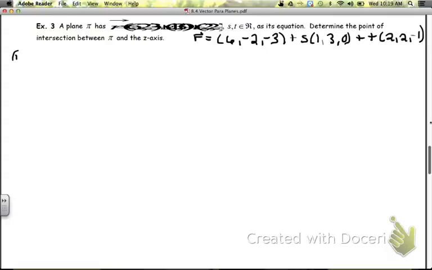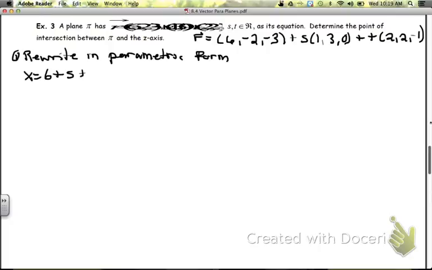So our first step here is going to be to rewrite in parametric form. So I'm going to rewrite this so that I have x equals 6 plus s plus 2t, y is equal to -2 plus 3s plus 2t, and z is going to be equal to -3 minus t.